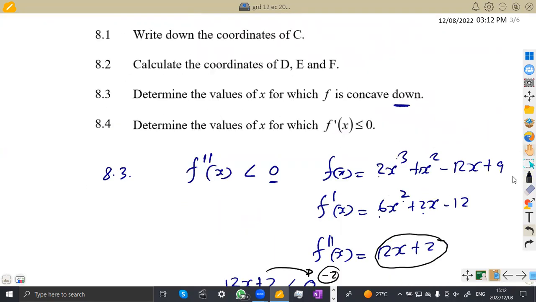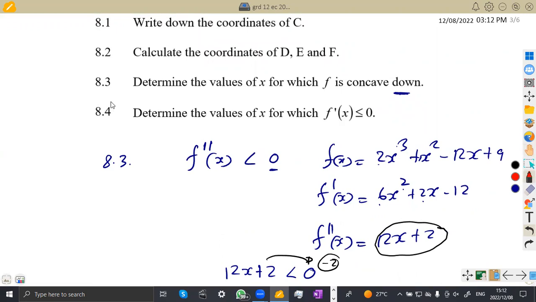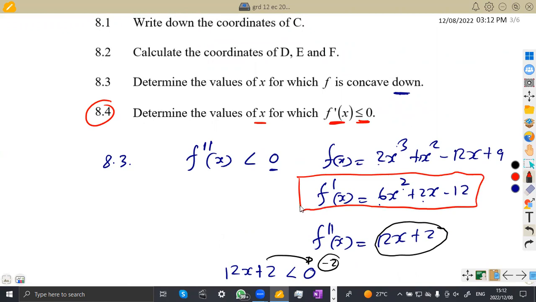Let's check the other part, which is 8.4. On 8.4, determine the values of x for which the first derivative is less than or equal to 0. We already calculated the first derivative, so it's just a continuation. We are going to start from this part that we have here.